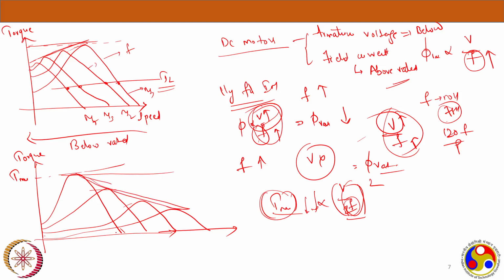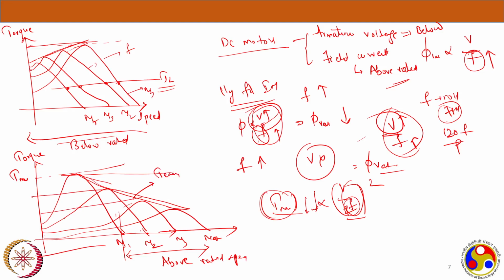This is the locus, and this is, let's say, rated, and then ns1, ns2, ns3, ns4. This is above rated speeds. So below would be the same way, the top curve, and above would be like this. Now for every curve there is a T max here, T max here, T max. Drastically it is reducing.